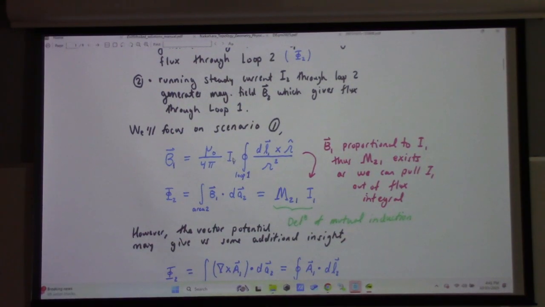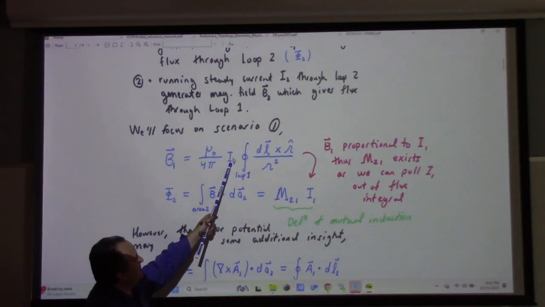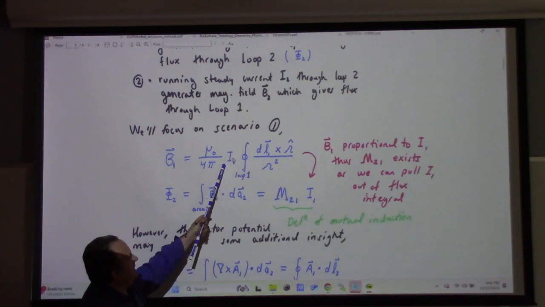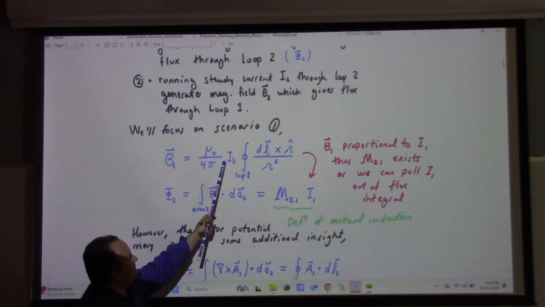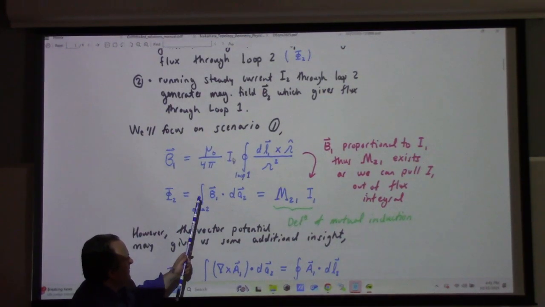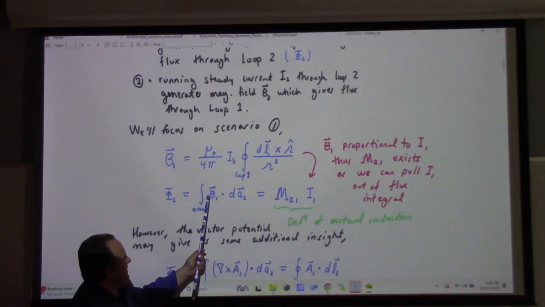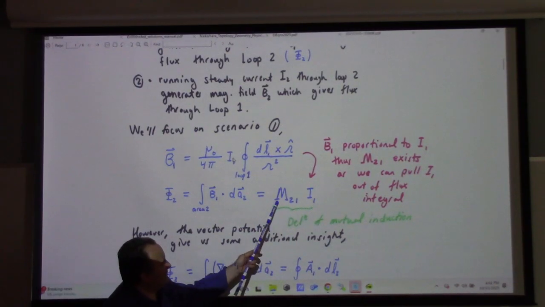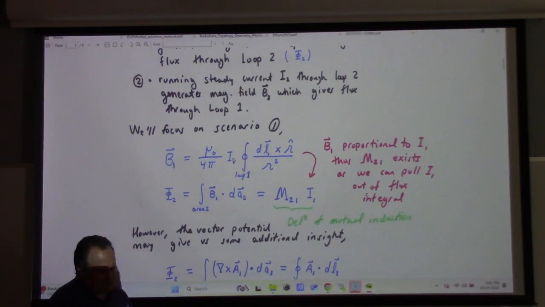If that's a steady current, we can pull I1 out, so the magnetic field is directly proportional to I1. So the flux through the second loop is proportional to the current through the first loop. Because that's just a geometric thing, we can call that number the so-called mutual inductance.